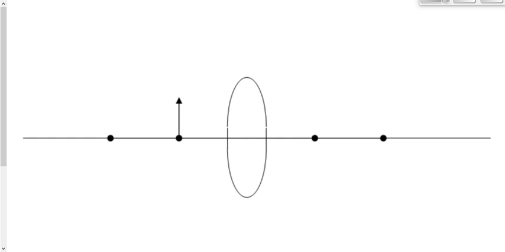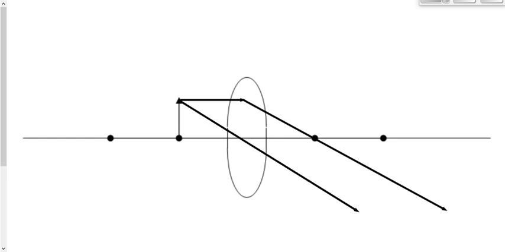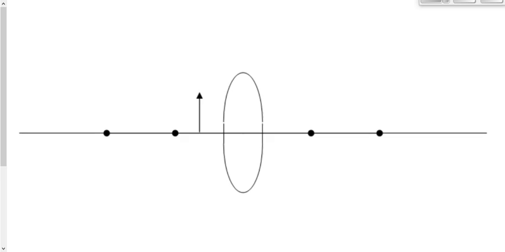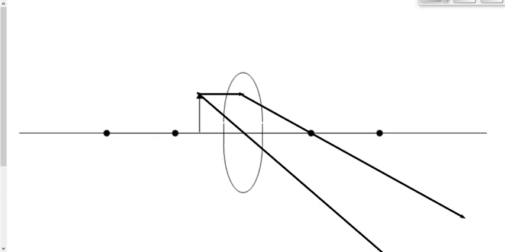Remember there was no image formed here? Parallel down through the focal point, and then down through the optical center, these rays are parallel to each other. They're never going to intersect, so there's never going to be an image formed. This one, there was an image formed. Parallel down through the focal point, and this one went down through the optical center. They don't intersect down here anywhere, do they?